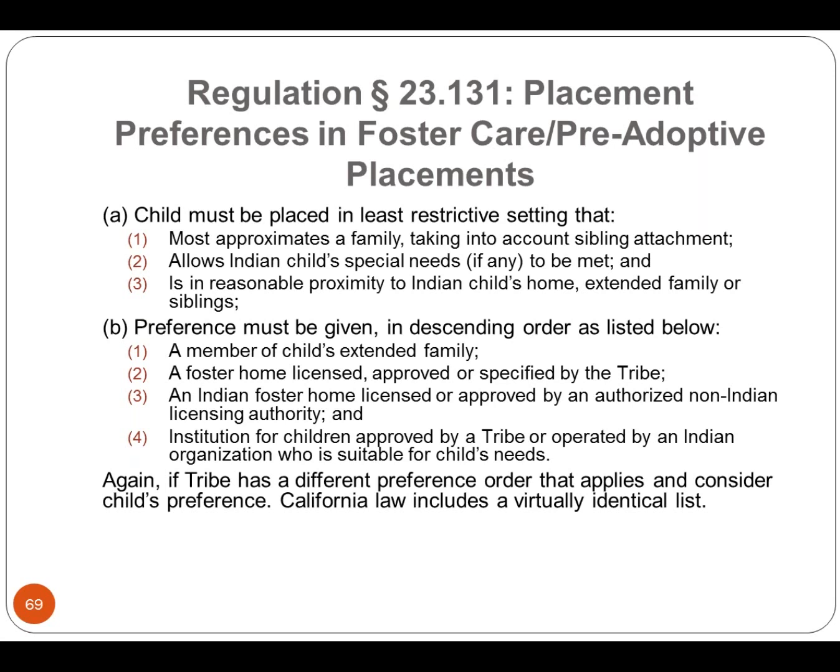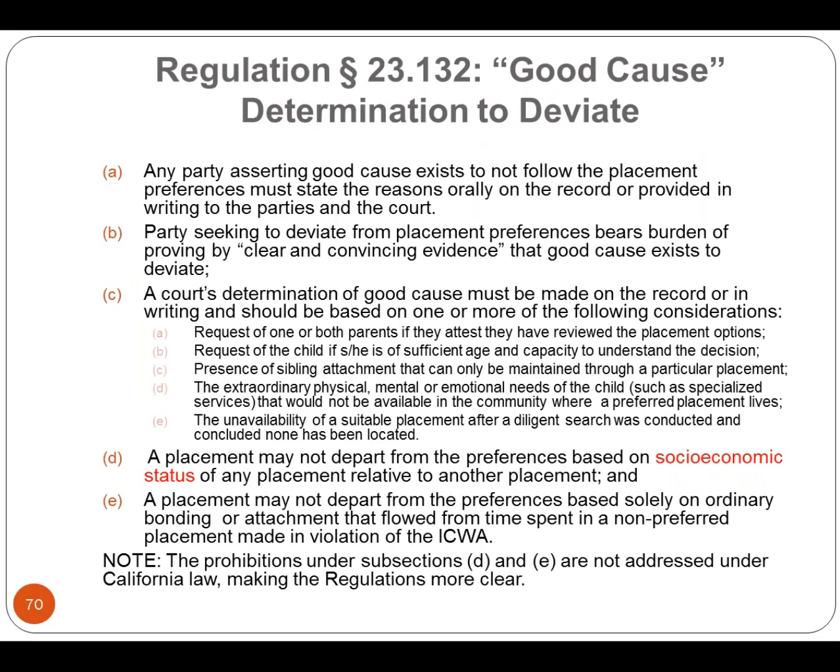However, preference must be given in descending order to a member of the child's extended family, a foster home licensed, approved, or specified by the tribe, an Indian foster home licensed or approved by an authorized non-Indian licensing authority, and an institution for children approved by a tribe or operated by an Indian organization suitable to meet the child's needs. Again, if a tribe has a different preference order, that applies, and consider the child's preference. California law includes a virtually identical list, and we'll see that in a moment.